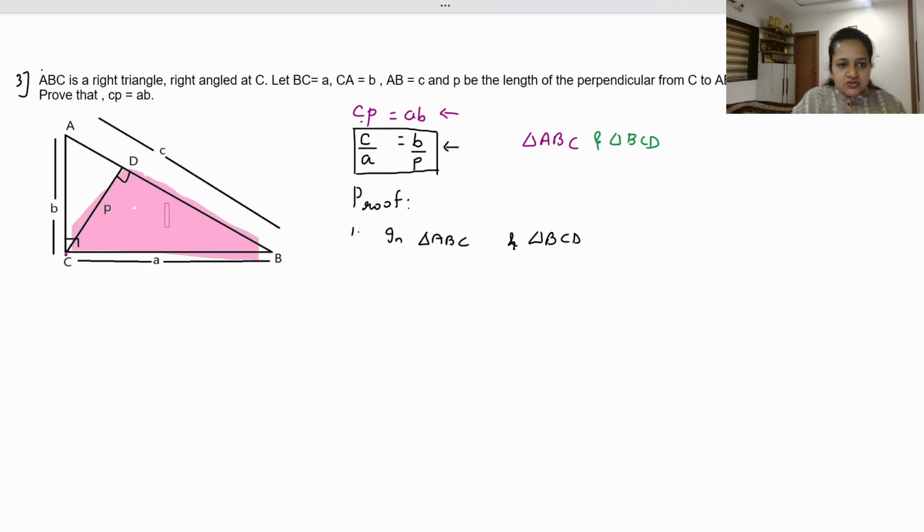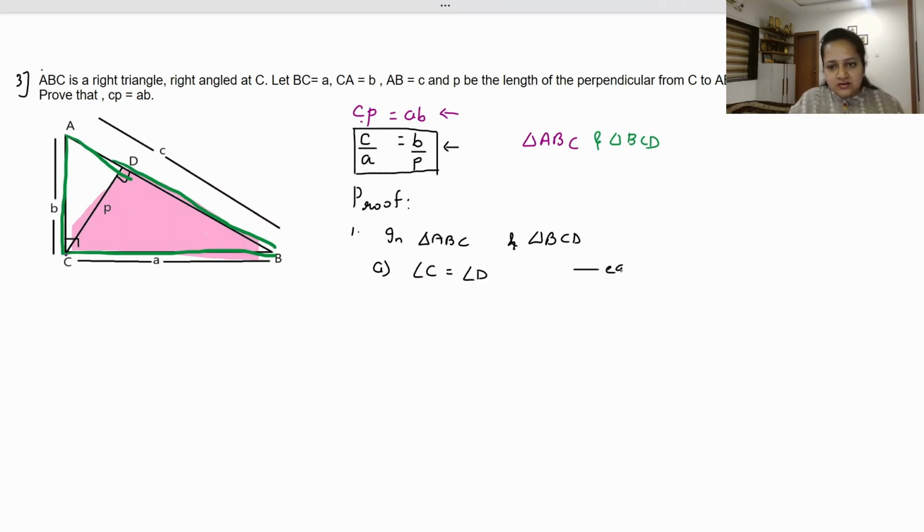So we are talking about these two triangles, triangle ABC, the pink triangle, and the green triangle, triangle BCD. So definitely we have angle C is equal to angle D. Why?